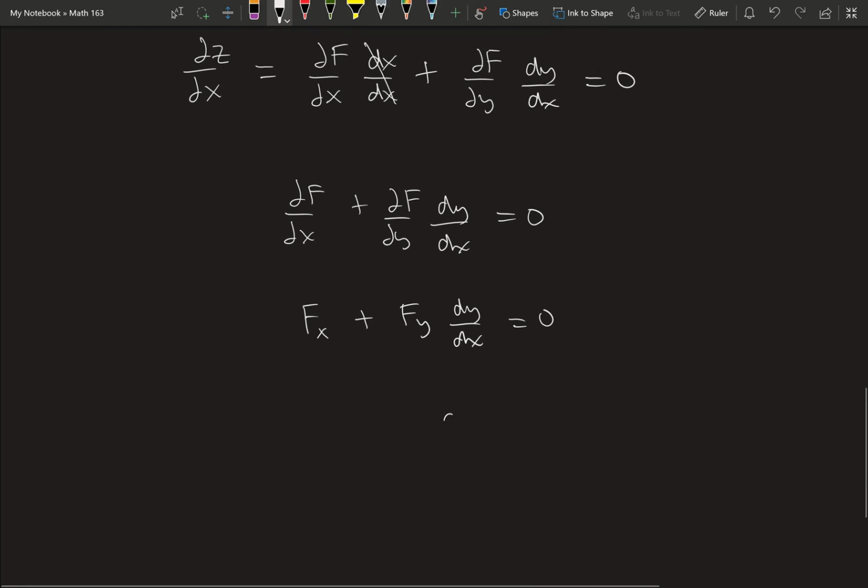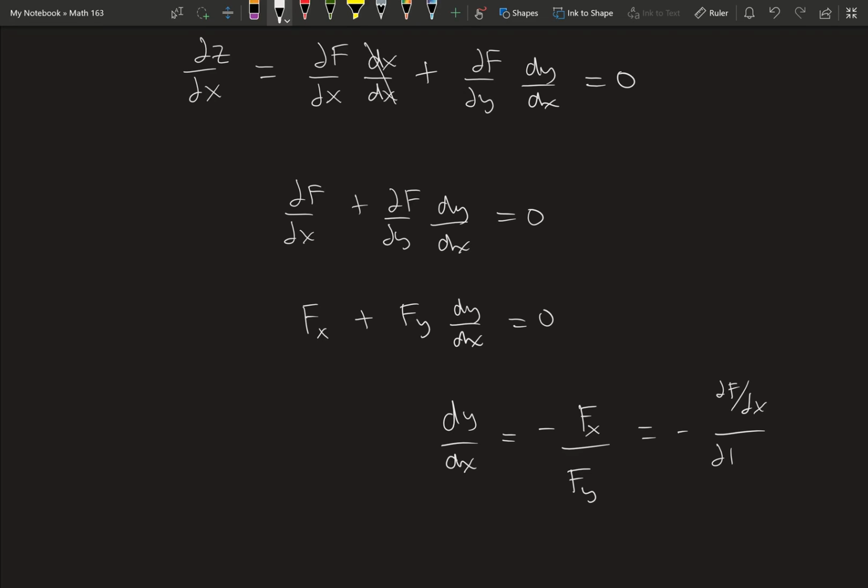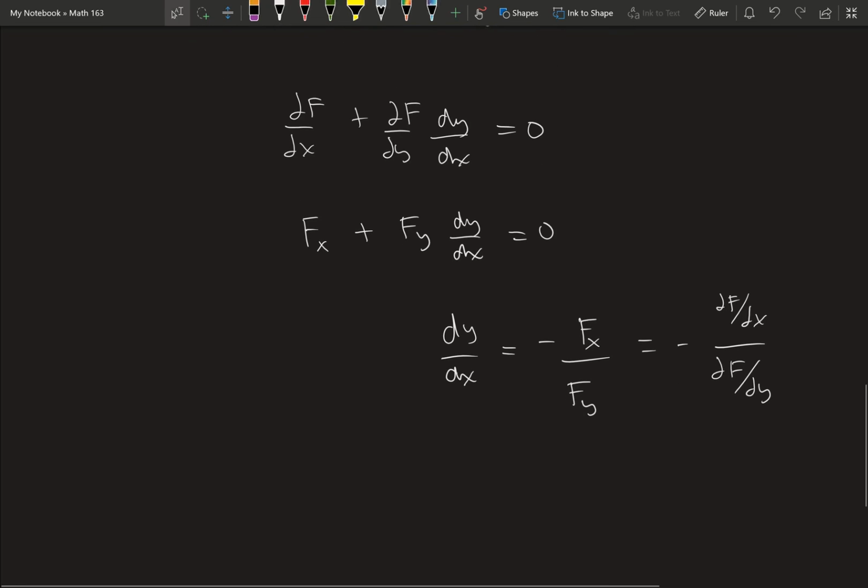So if you solve for dy dx, you get negative fx over fy, which is negative del f del x divided by del f del y. So this is the implicit differentiation rule, or formula, to find dy dx. Let me just circle it because that's an important one here.